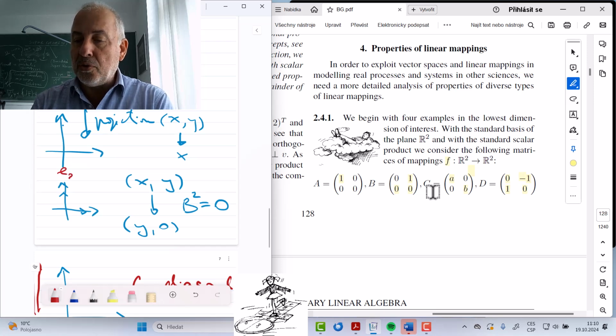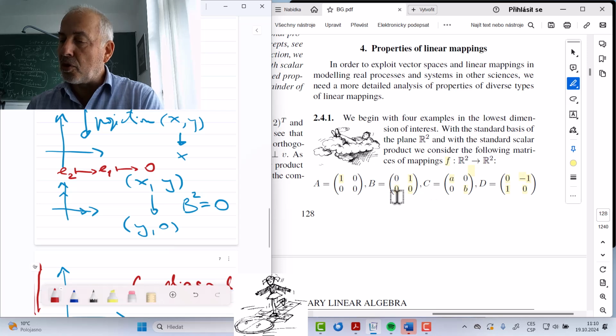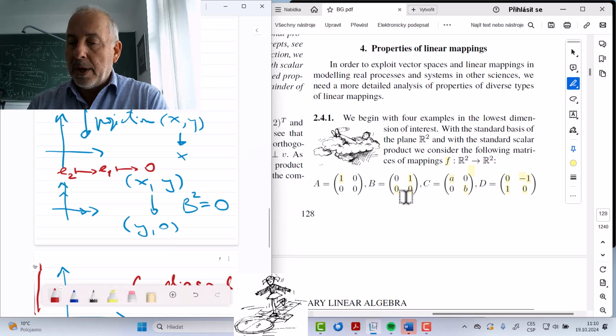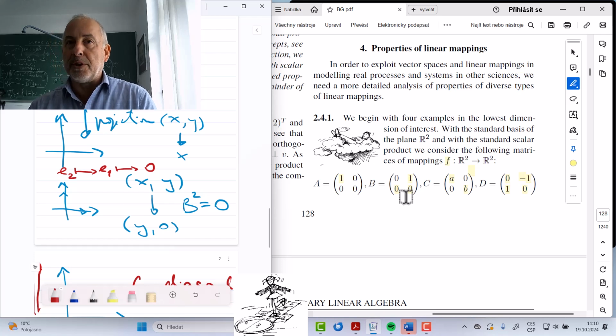So E2 is mapped to E1 and E1 is mapped to 0. That's what you see. The first column is 0, the second column is E1. This is what we call nilpotent mappings, and we shall see that this happens quite often. For example, the derivative on polynomials is exactly of this kind.